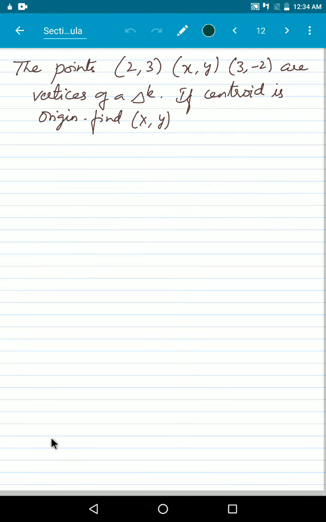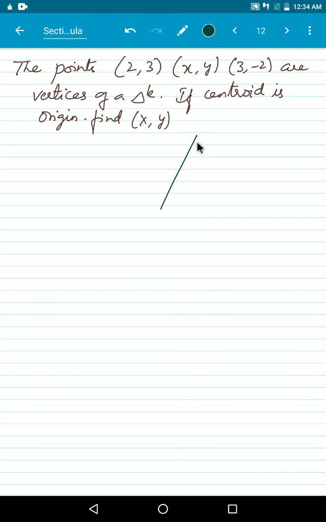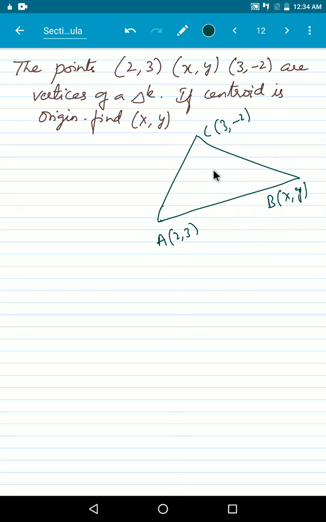Now read this question carefully. I think this is the last question. (2, 3), (x, y), (3, minus 2) are the vertices of a triangle. If the centroid is the origin, find (x, y). So let us take this as A (2, 3), B is (x, y) and C is (3, minus 2), and the centroid, let us say somewhere here, is the origin.